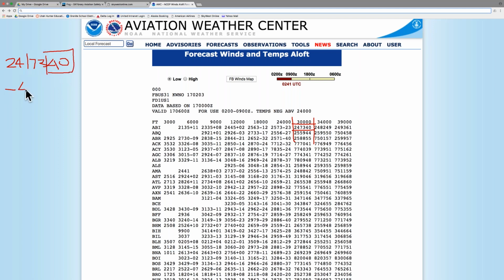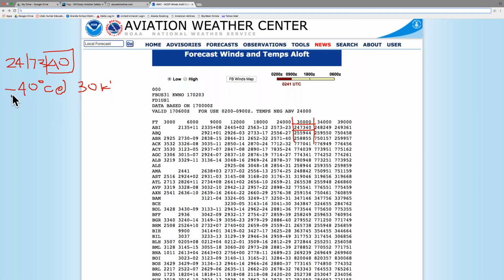We've got negative 40 degrees C at 30,000 feet.